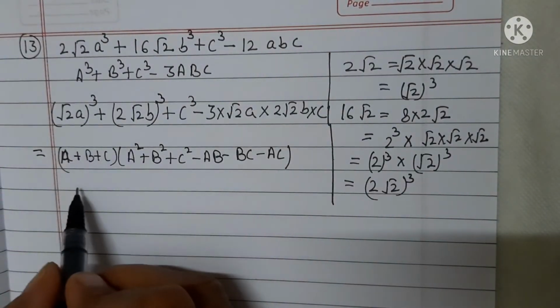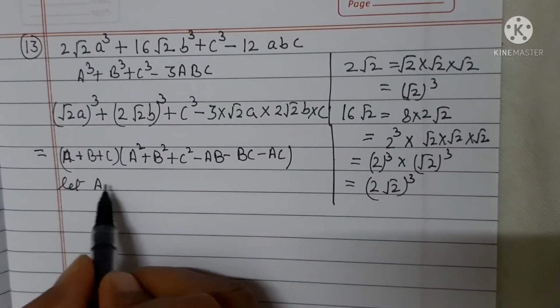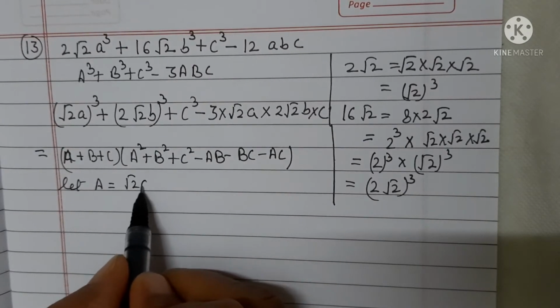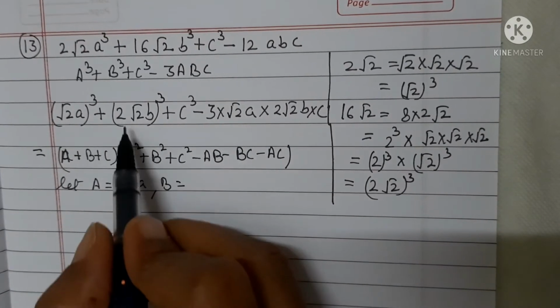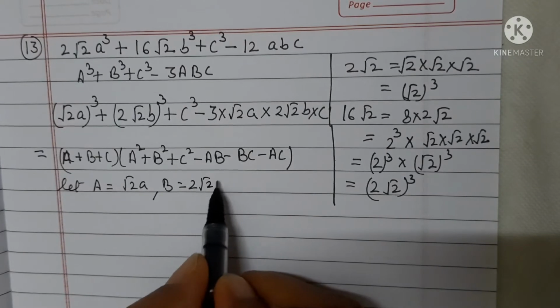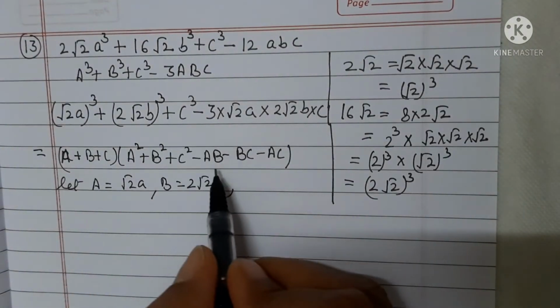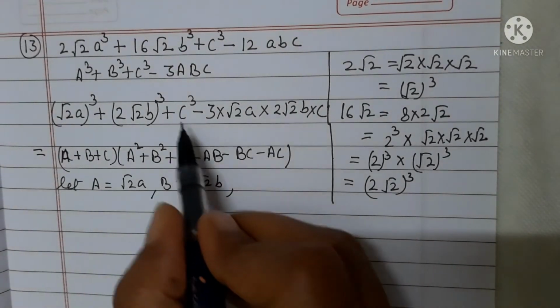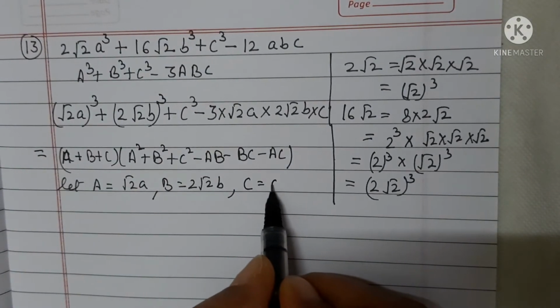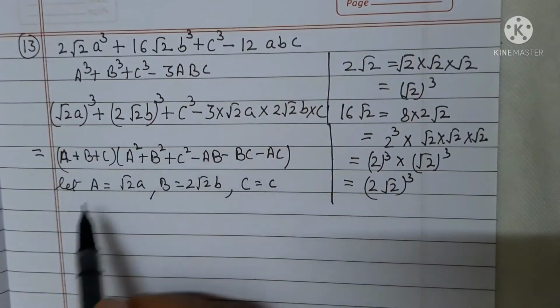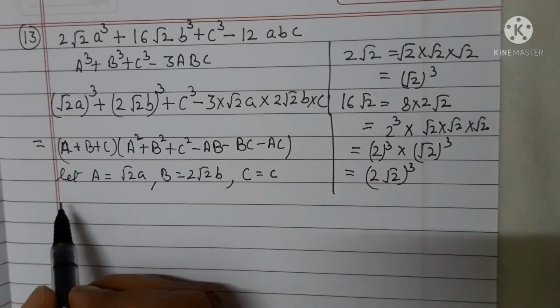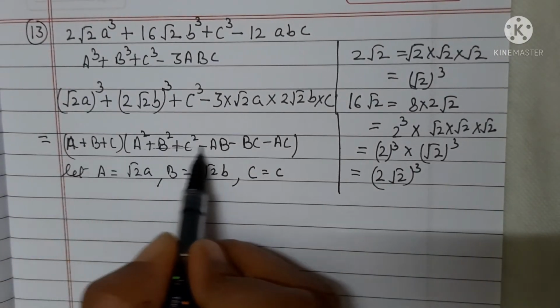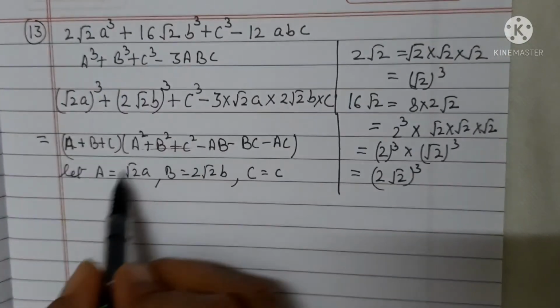Let capital A be equal to root 2 a, and capital B is equal to 2 root 2 small b, and C is equal to small c.